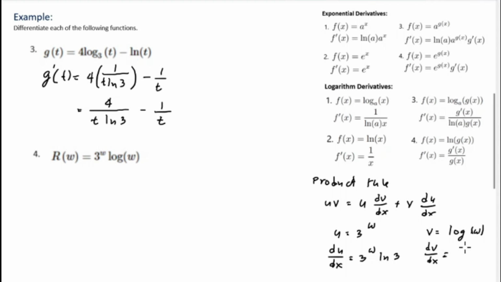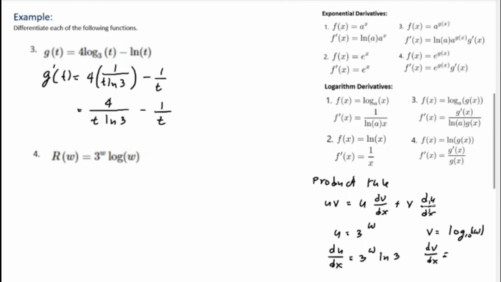For log w, based on the logarithm derivatives, log base a of x has the derivative 1 over ln of a times x. And in this case, we have log with base 10 of w, so therefore a is 10.